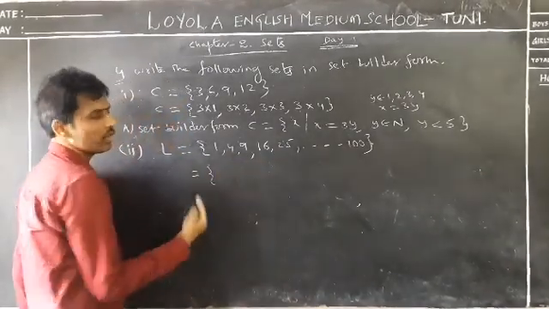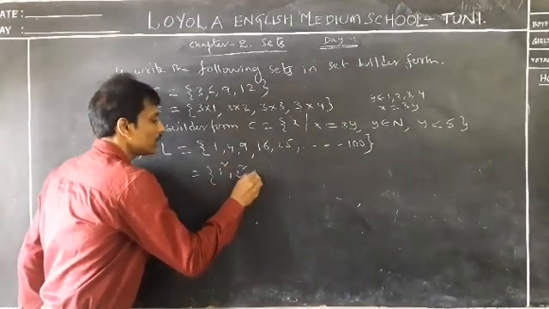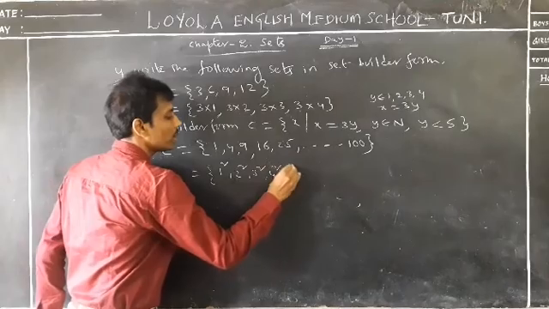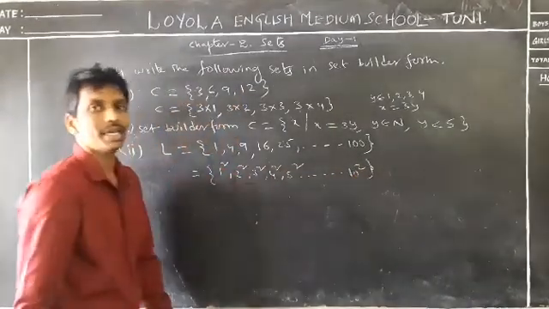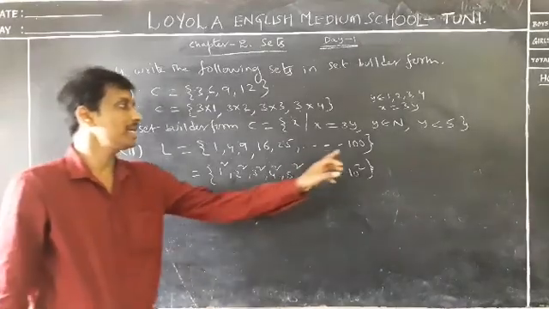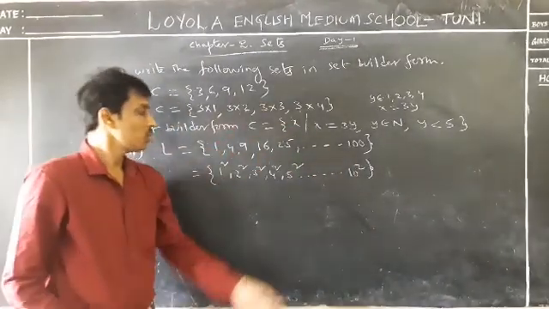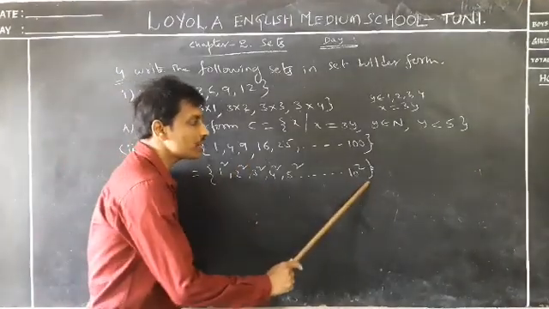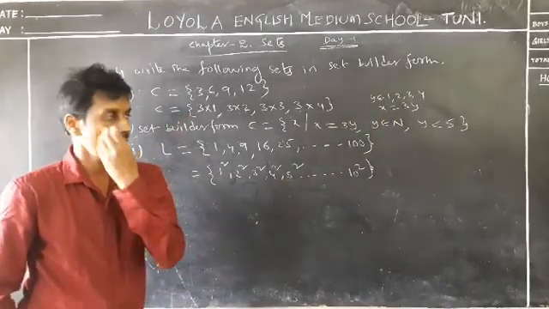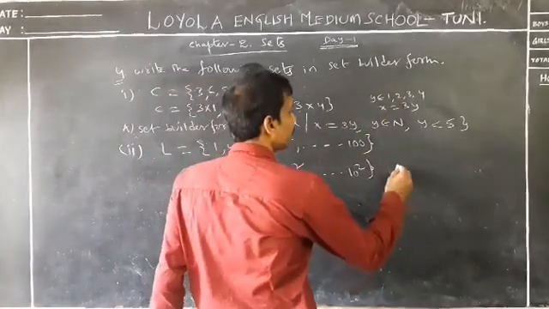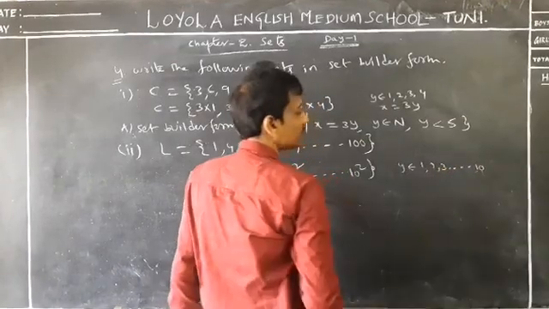So in the same way, 1 also we may write as 1 square, 2 square, 3 square, 4 square, 5 square, 6 square, 7 square, 8 square, 9 square and 10 square. 100 can be written as 10 square. In the above, we considered all the natural numbers as y only. So here also we consider like that. Y is belonging to 1, 2, 3 and so on.